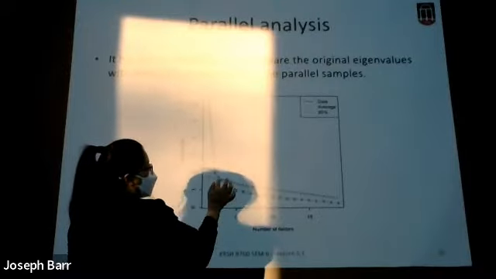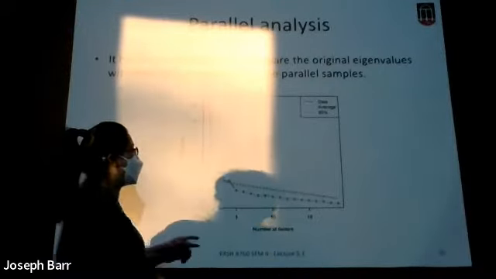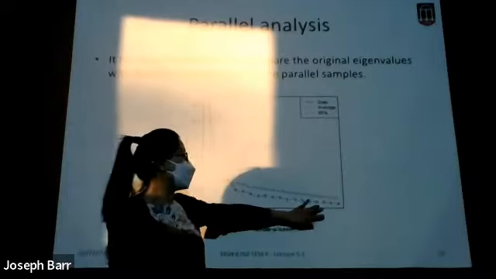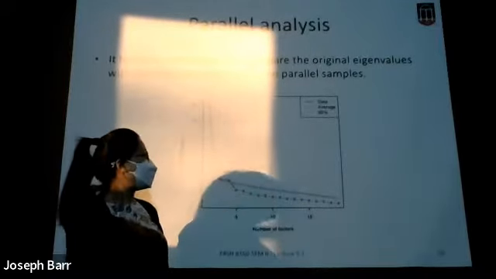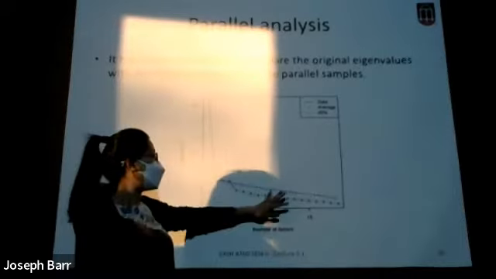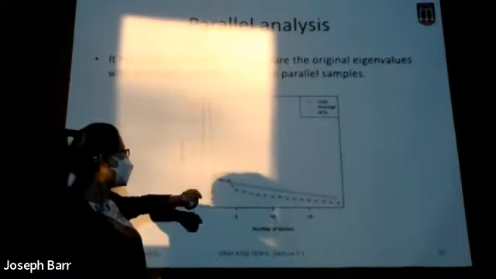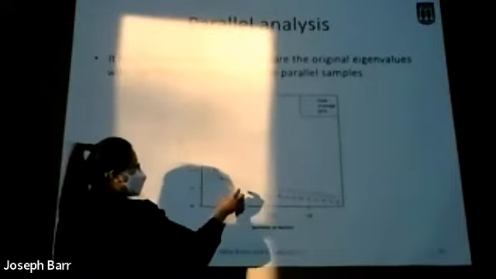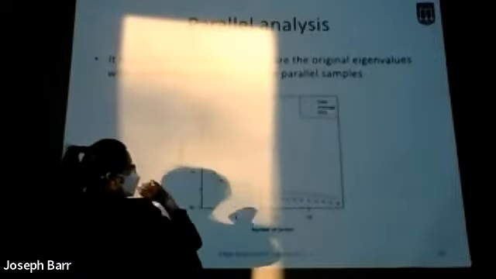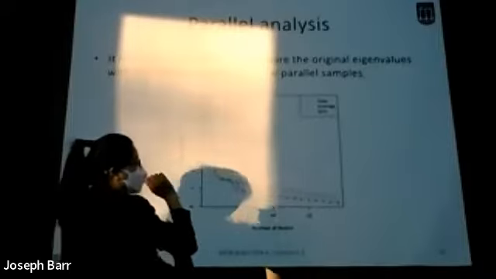So we decide that we have 4 latent factors, but not these. These are obviously lower than the average line, so these are due to noise. We just discussed these eigenvalues and decided on these 4.